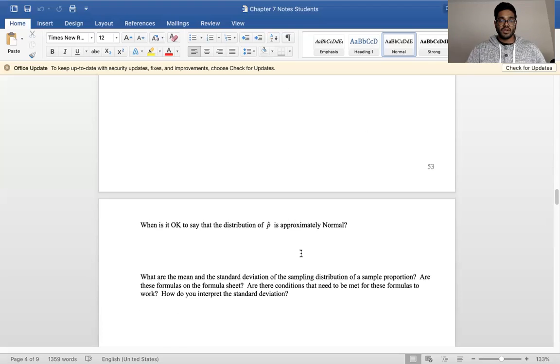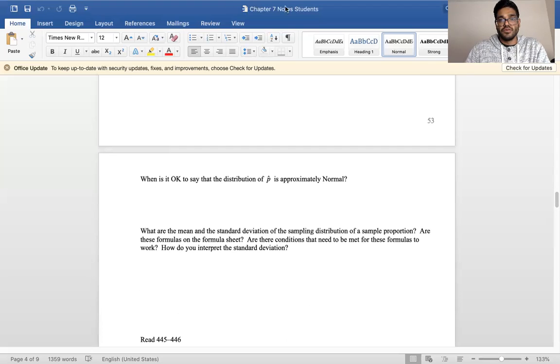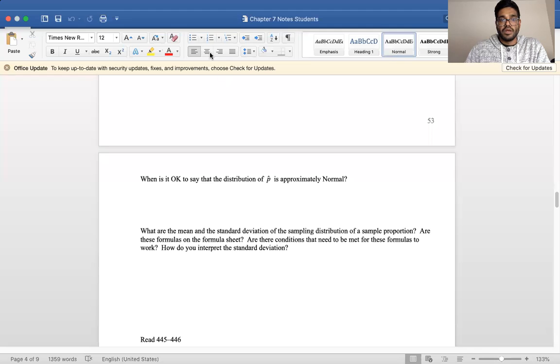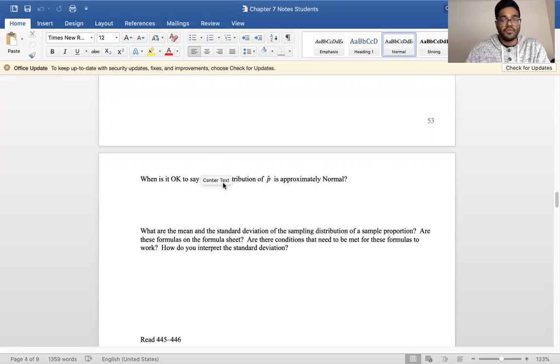So the first question is, when is it okay to say that a distribution is approximately normal? We're going to say that a distribution is normal when you have this thing called the large counts condition. Here, n times p needs to be greater than or equal to 10, and n times 1 minus p needs to also be greater than or equal to 10, right?